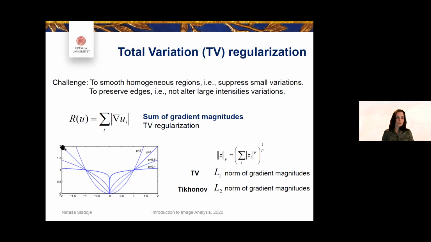P1 is then what we see here, and is somehow absolute value. This is an ordinary quadratic function. And then we can go further with P, which decreases further, and it is concave and gets more and more concave with this peak here.